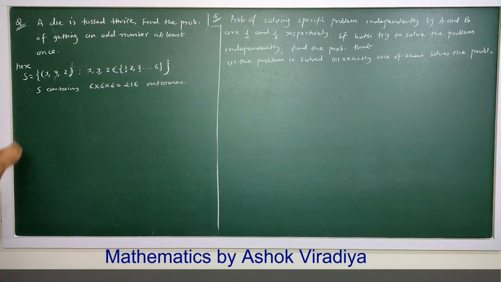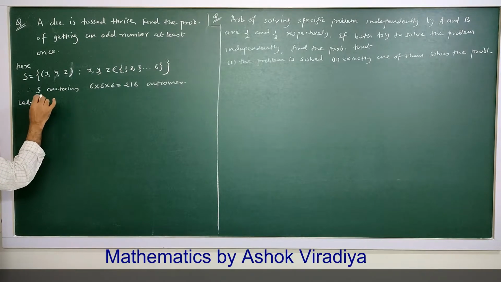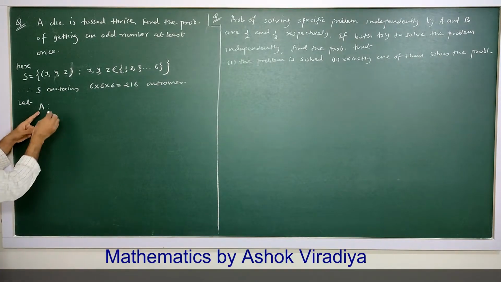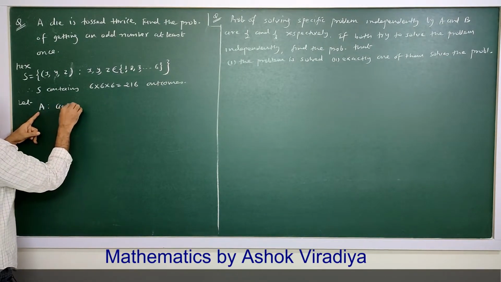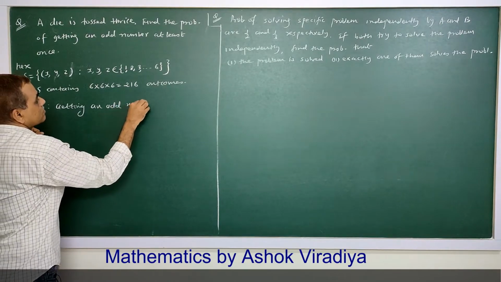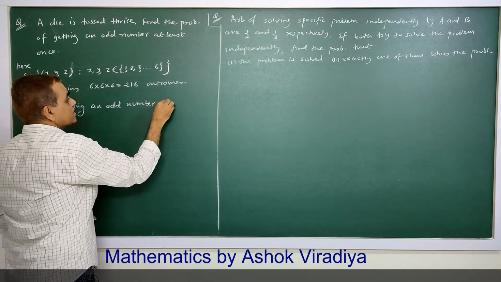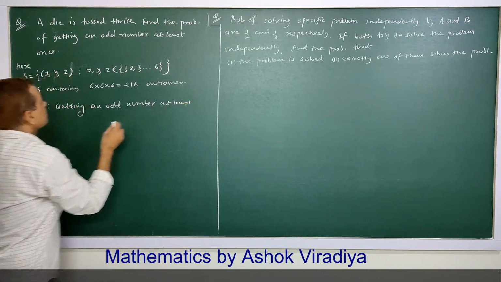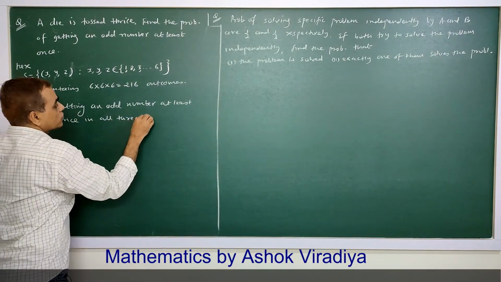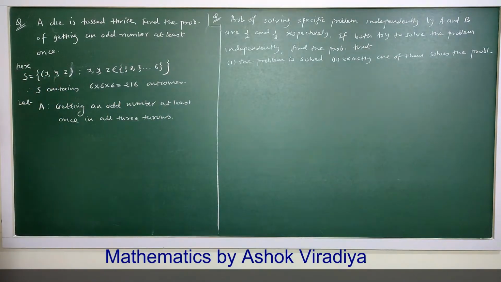Now we take event A. A is the event of getting an odd number at least once in all 3 throws, or all 3 tosses.